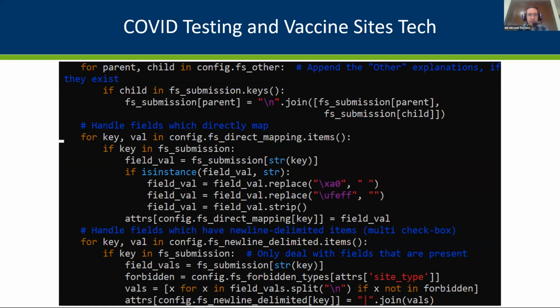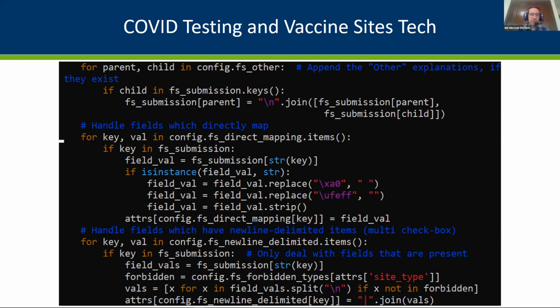So there's a lot going on here, but the key point is that you can see here that we have a number of different for loops. And this is what I was saying about keeping things abstract. And so we just have lists of these items or dictionaries of these fields where we need to process it in a similar way.